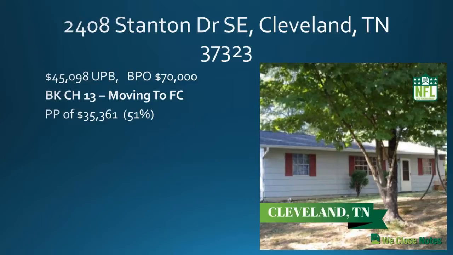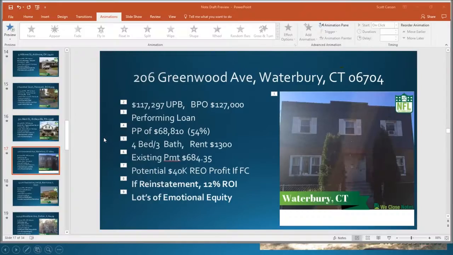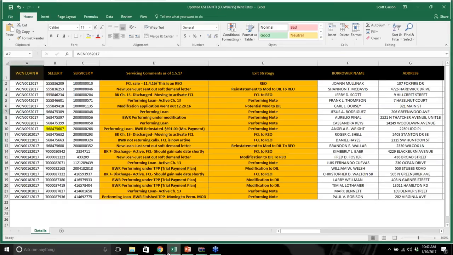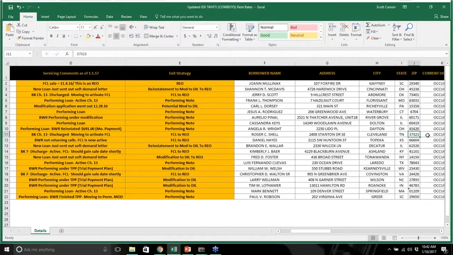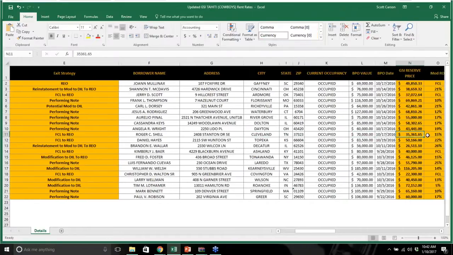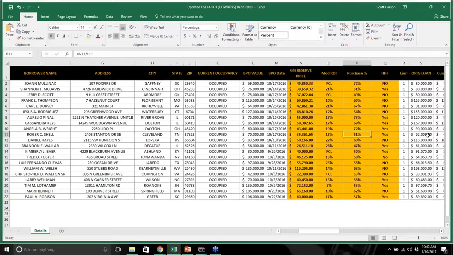Purchase price is 35, which is about 51% of the BPO. Yes, let's take a look at what the payoff on this one is though. So Cleveland, Tennessee. We're about halfway through. BPO is 70, purchase price at 35.